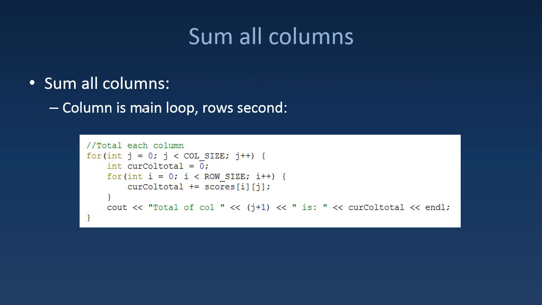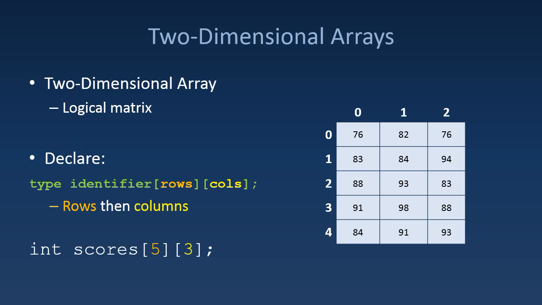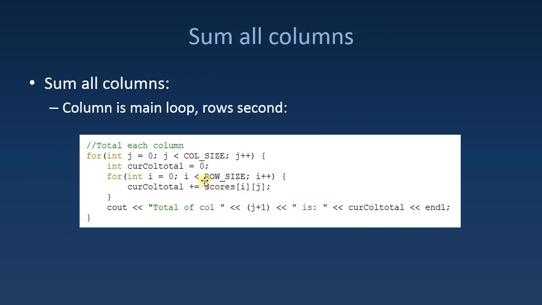Say I want to sum every column in this. So I want to sum up this column, and this column. Here, the major unit of work is going through each column. So the outside loop would be, let's start with a column.